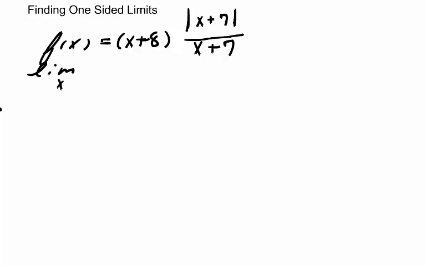We're looking for the limit as x approaches c. For this example, let's allow c to equal -7. We note the expression, the absolute value of x plus 7, is equal to x plus 7 for all values of x that are larger than -7.